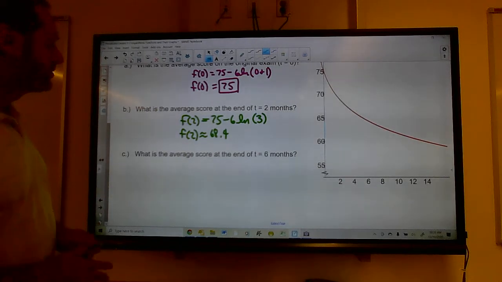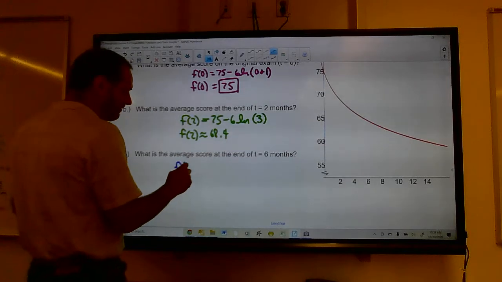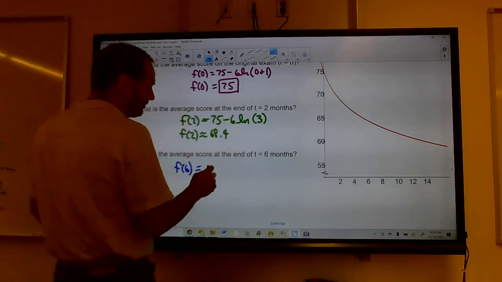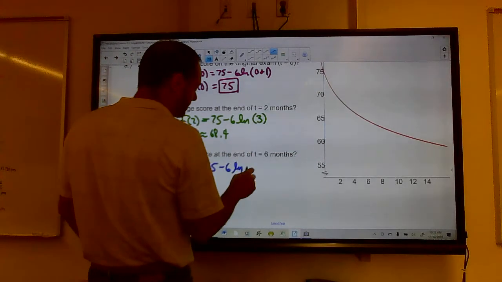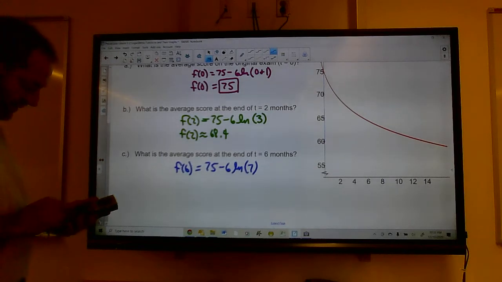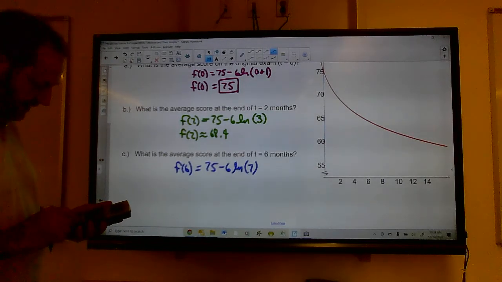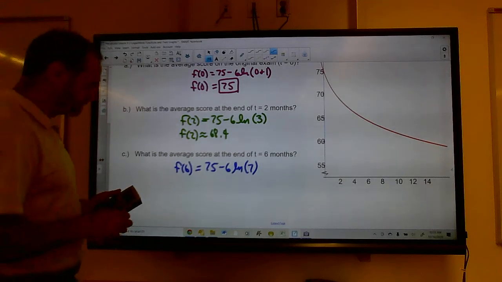Okay, what is the average score at the end of 6 months? Okay, so f of 6 would be 75 minus 6 natural log of 6 plus 1, which would be 7. So again, I do the same thing. 75 minus 6 natural log of 7, 63.32.